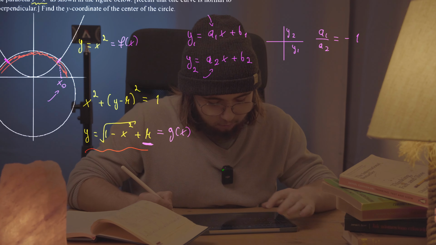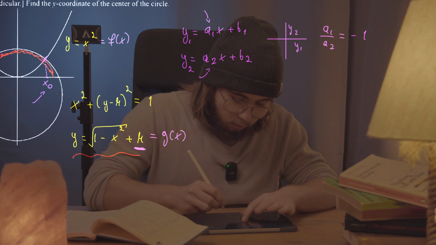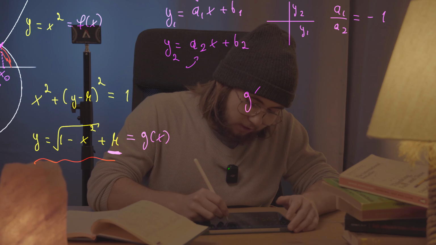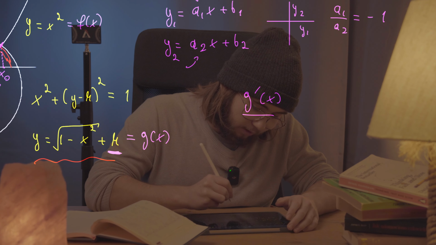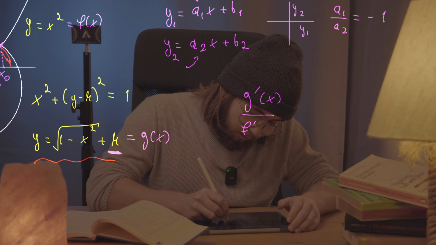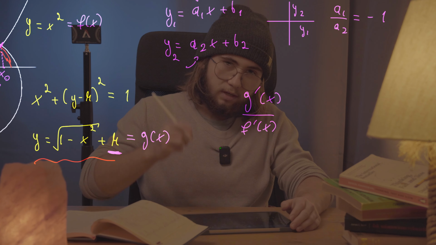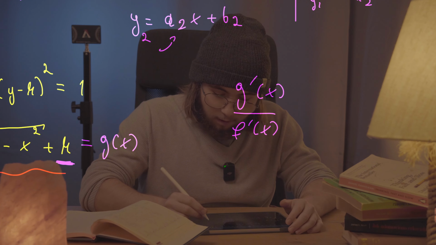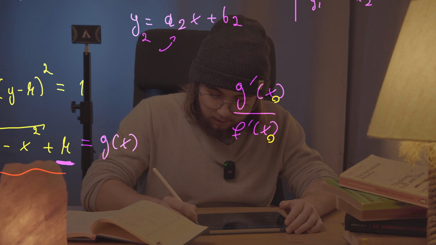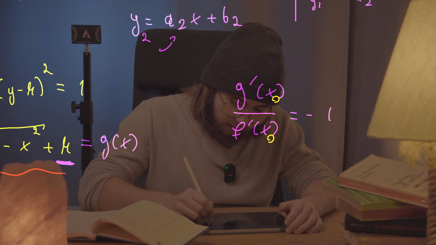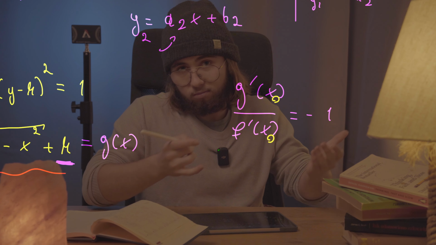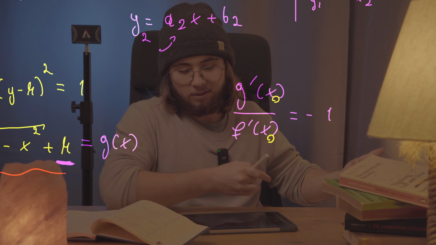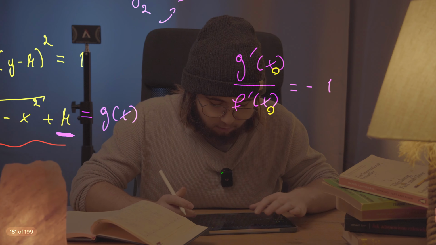I would like to calculate, well, what's going to be easier? Definitely it is going to be easier to calculate g prime of x divided by f prime of x, and we know that at the point of intersection, so at our x naught, this quotient is going to be equal to -1. And so now we can go on and find our x0 based on this information. Let's go and calculate those derivatives.